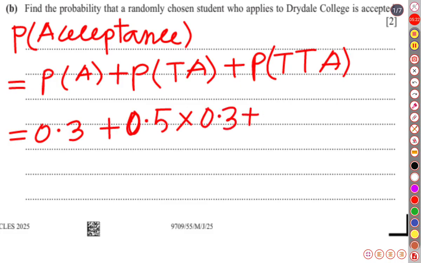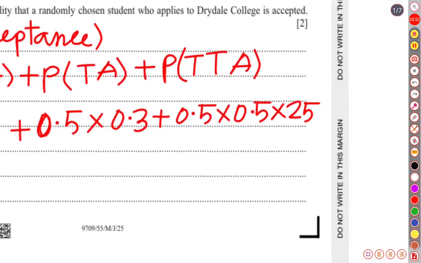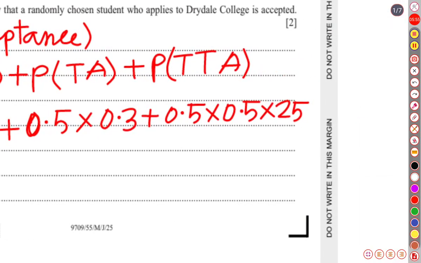Or back to back, the first two times he needed to take the retest: 0.5 first time retest, 0.5 second time also retest, and the third time he was accepted, with probability 0.25. For the third time it is 0.25.